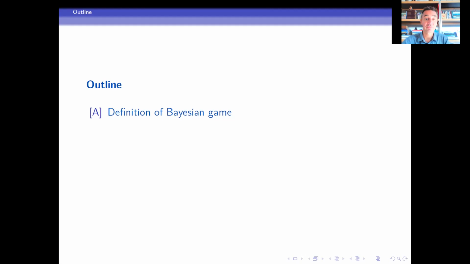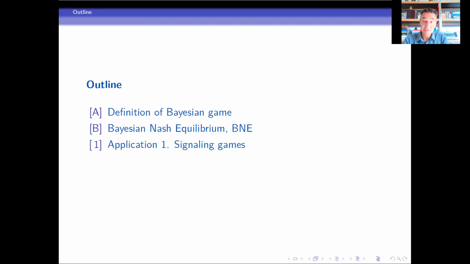So we are going to have 4 lectures. The first one being this one, in which I will talk about the Bayesian games and Bayesian Nash equilibrium. And then the applications are 3. First one is signaling games. The second one, auction design and auctions. And the third application is IDDS, that stands for iterated deletion of dominated strategies.